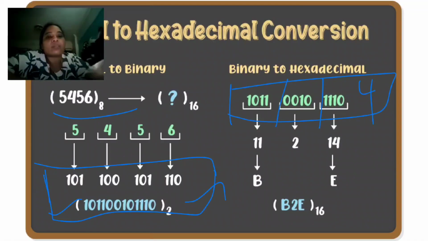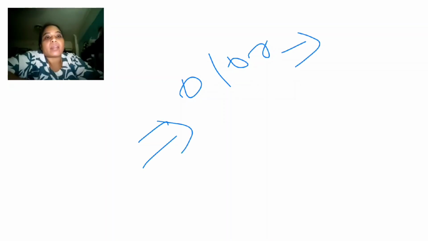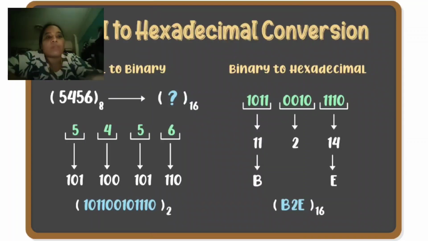How we can calculate? For example, 0 1 0 0. How we can calculate for this binary, or hexadecimal? How we can calculate? 1 1 1 0. Okay, so 0 power is 0, 1 power is 2, 1 2 3.